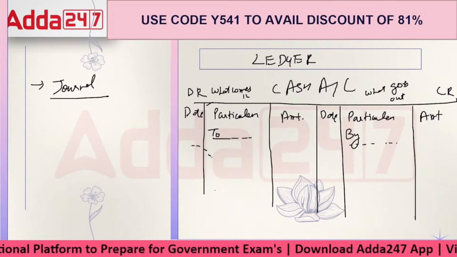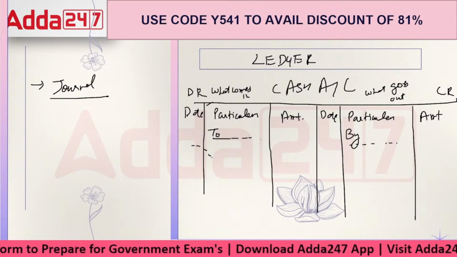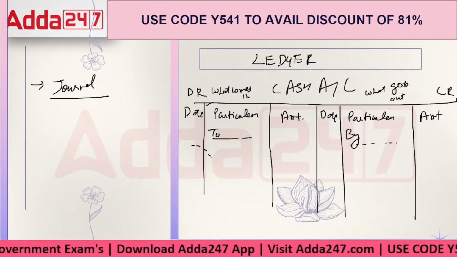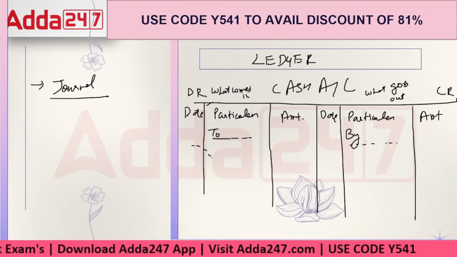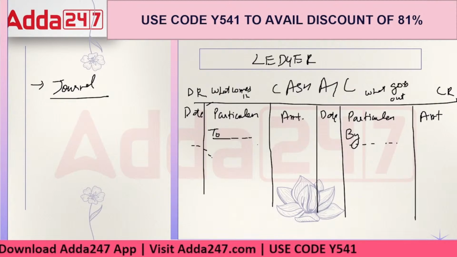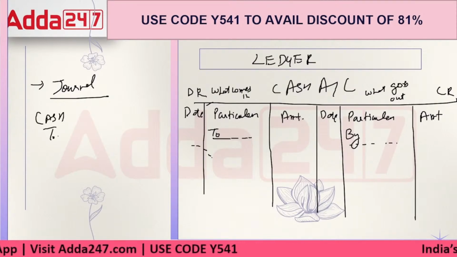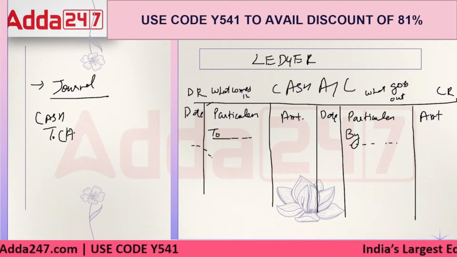How do we record the cash account, everyone? It is based upon the fact that whenever we are receiving cash or losing cash, it would be recorded in a tabular form. The journal entry, if I say I received cash, is cash to capital.